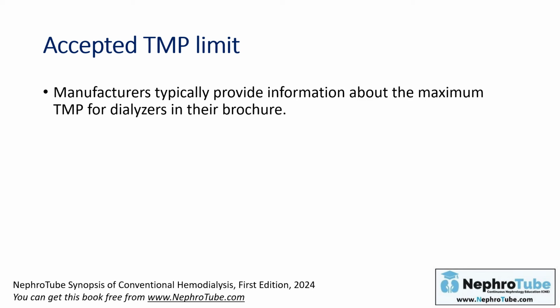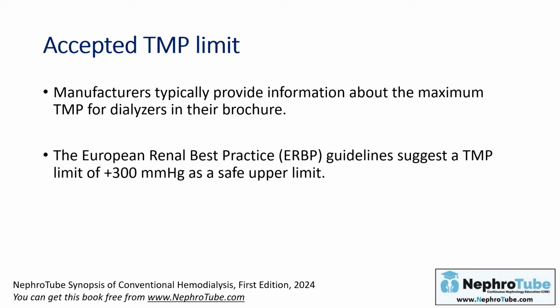So you can open the brochure or pamphlet of the dialyzer to know the maximum transmembrane pressure that can work with your dialyzer. But the European Renal Best Practice Guidelines suggest that a transmembrane pressure limit of positive 300 mmHg may be a safe upper limit for all dialyzers.